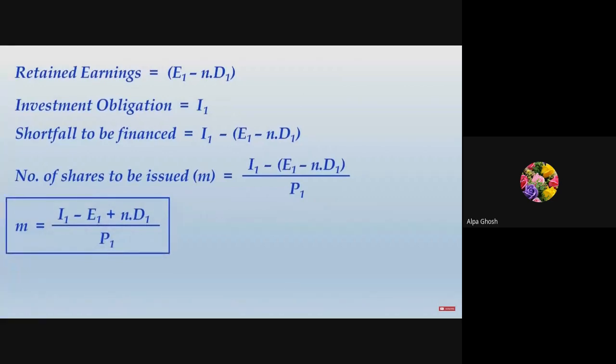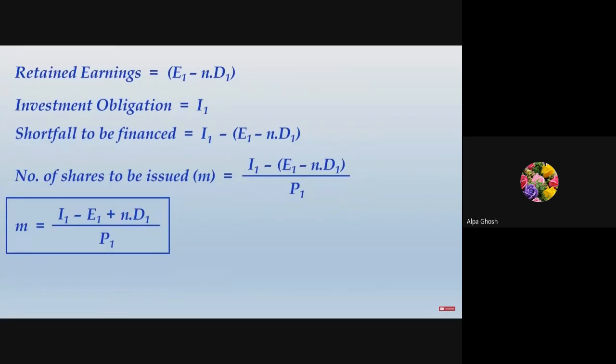If you are wondering where we got this plus sign, observe this formula: within brackets it is E1 minus N into D1, and outside the bracket it is a minus sign. So when the brackets are opened, minus applied to E1 makes it minus E1, and minus of minus N into D1 actually gives you plus N into D1.